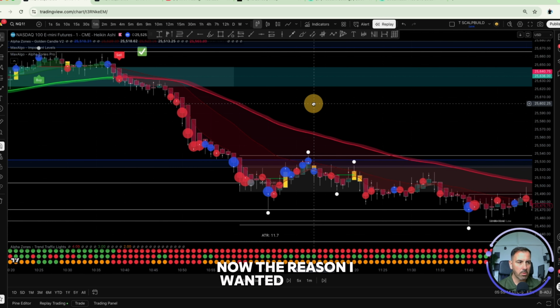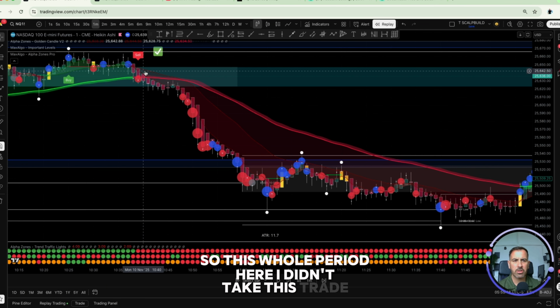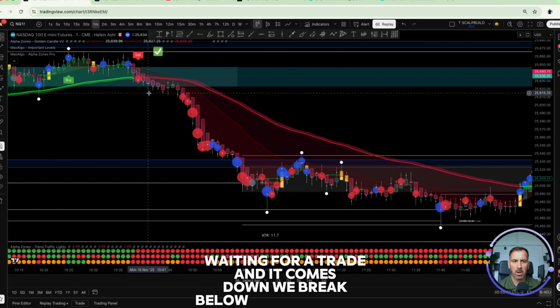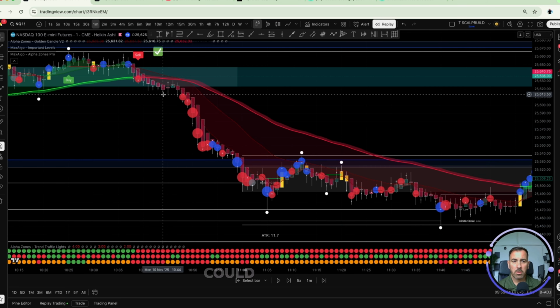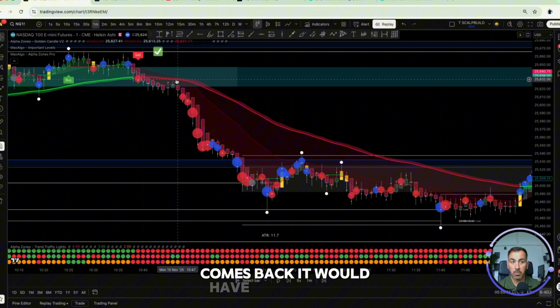Now, the reason I wanted to talk about patience: this whole period here, I didn't take this trade, and then we're sat on the live waiting for a trade, and it comes down, we break below the alpha zone. Could have gone, okay, we've got 3 here, I didn't take this, it's then closed below, comes back, it would have taken me out.